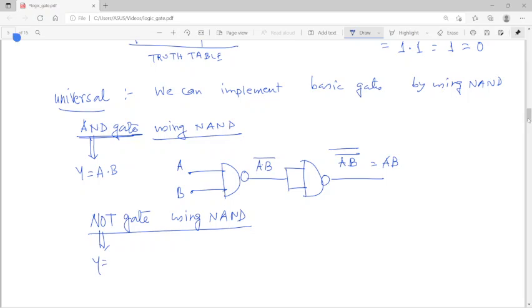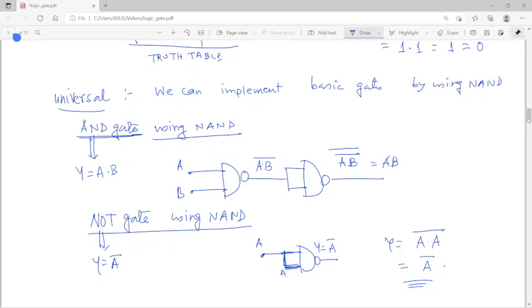That means Y equals A bar. So how can you implement this? If I am putting A, this means I am getting A bar. Why? Because when we write it this way, it means we give A here and A here too, and then what is the output? A dot A bar, and A dot A means A, so that is how we get the output. This symbol actually means that I have given the same input value to both inputs, right?